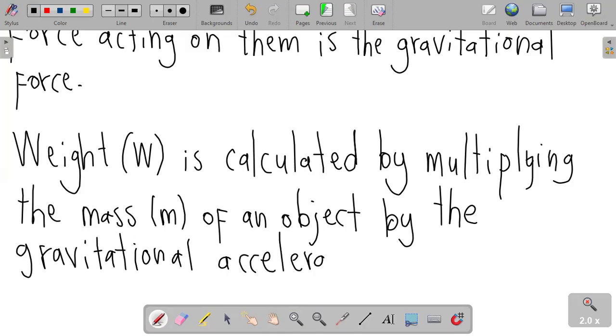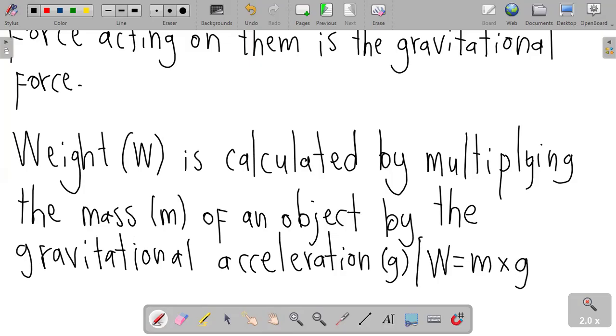Gravitational acceleration is g, small letter again. So the formula is W equals m multiplied by g.